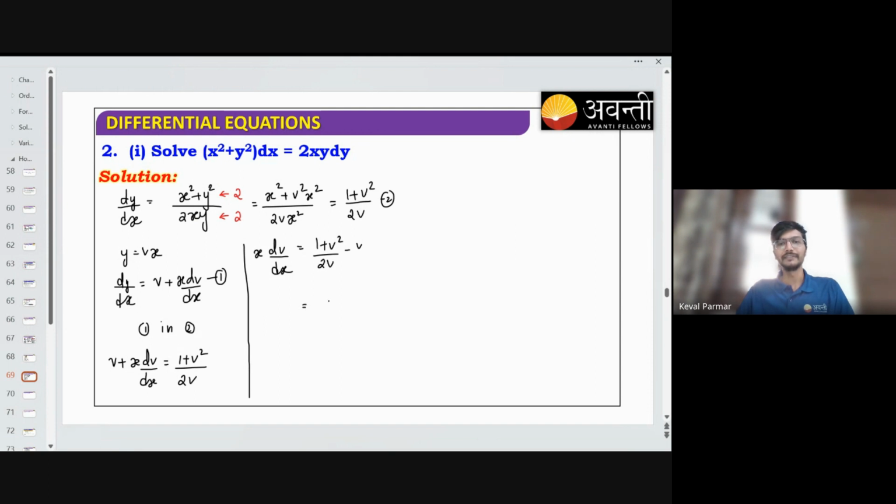So if I take LCM, I'll get 1 minus v square upon 2v. Correct? x dv by dx. Now let's just cross multiply. It is variable separable. So I'll get 2v upon 1 minus v square dv is equals to dx over x.